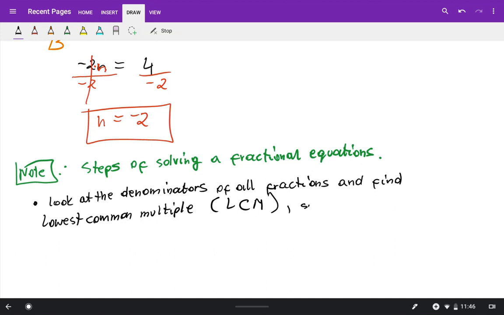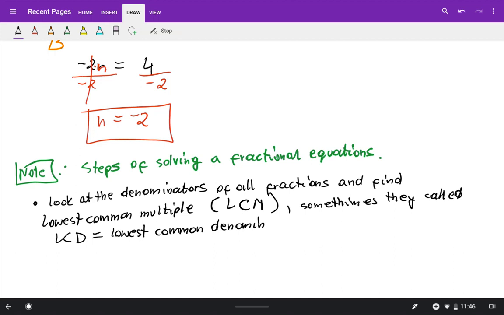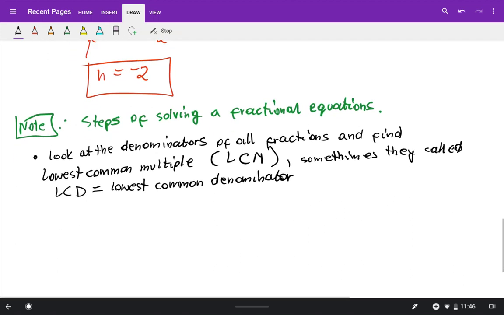Sometimes they call it LCD, which is lowest common denominator. Again, they both mean the same thing.